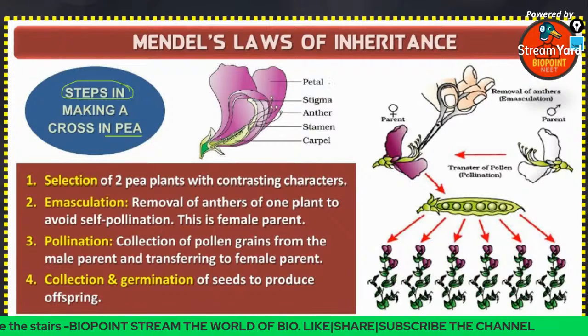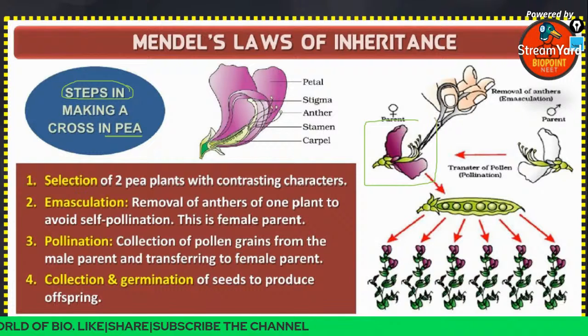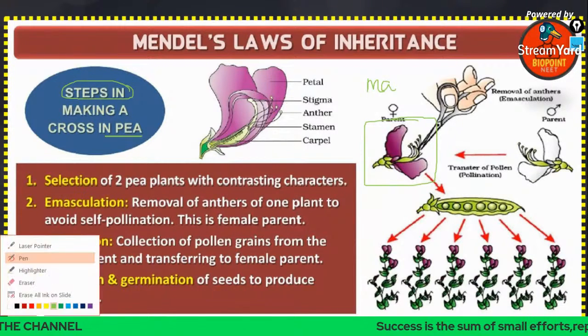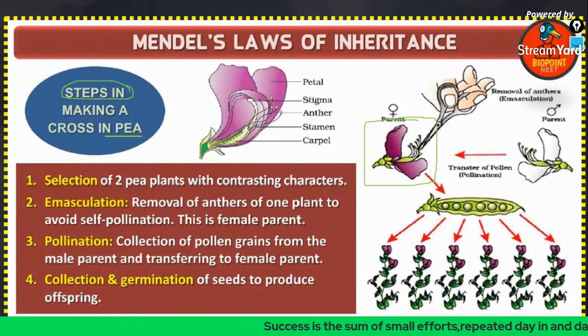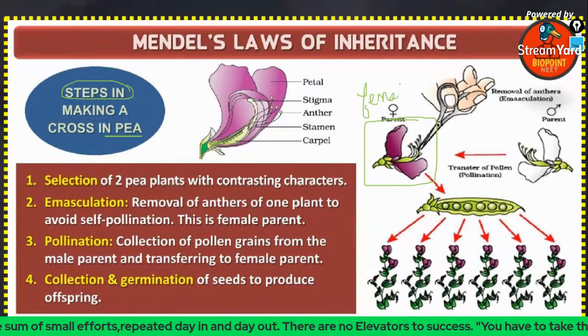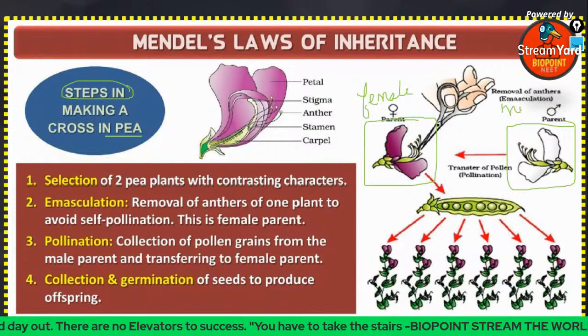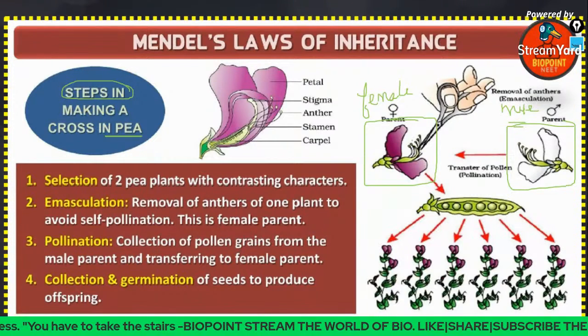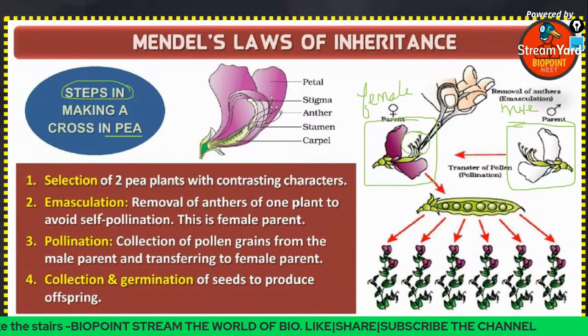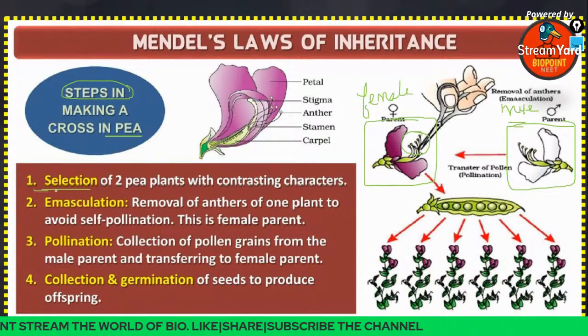If we are taking a violet colored flower as the female flower and the white flower as the male, in the perspective of the diagram given over here, what happens? This pea flower, that is the violet flower, you have to emasculate. What you have to do? You have to first of all select.